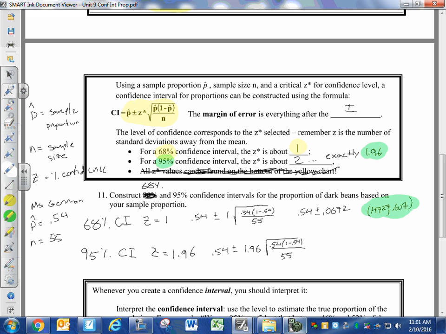Now, what do we do with that value? You need to multiply that by 1.96. Perfect. That's our margin of error. That's what we add and subtract from that. This number that you have right here, because it's the 1.96 times that, is what you're adding and subtracting.